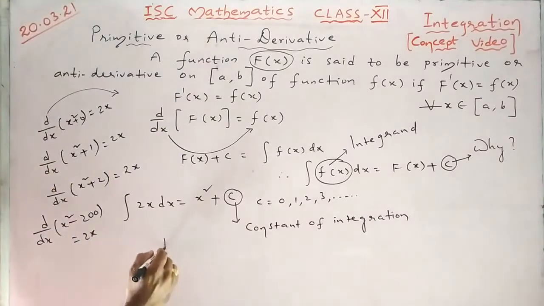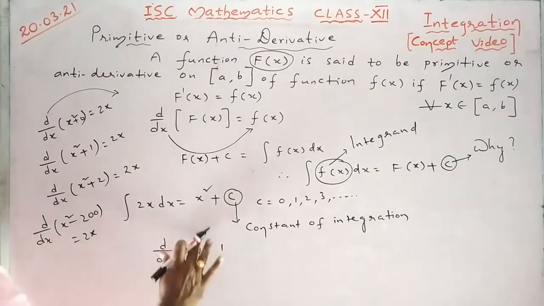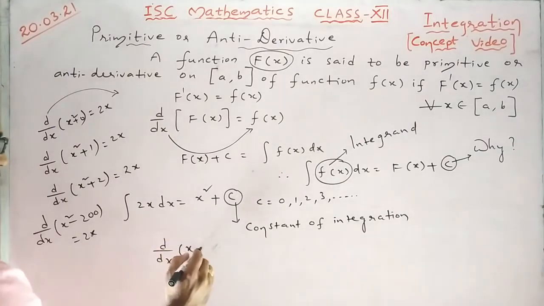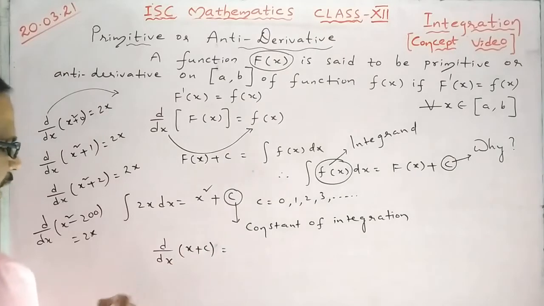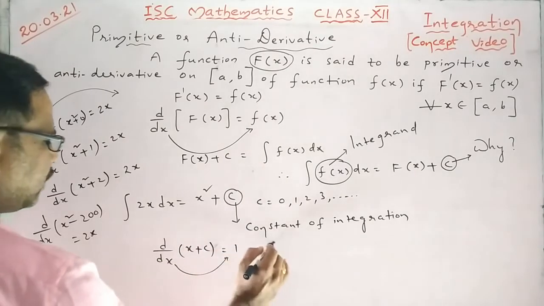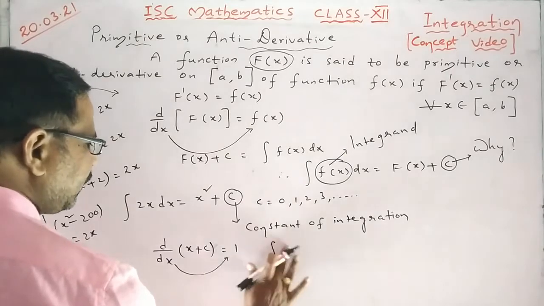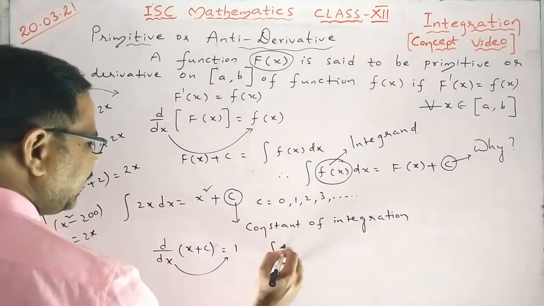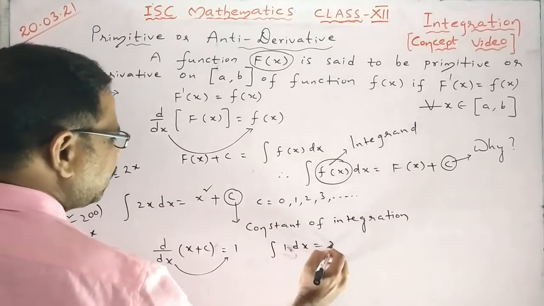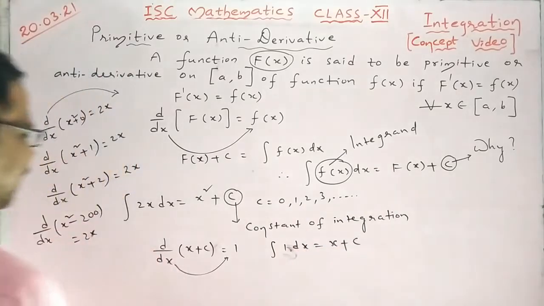For example, d by dx of x equal to how much? 1. So in the place of this I will write c. Derivative of x is 1. So if I bring this side, integral 1 dx equal to x plus c.